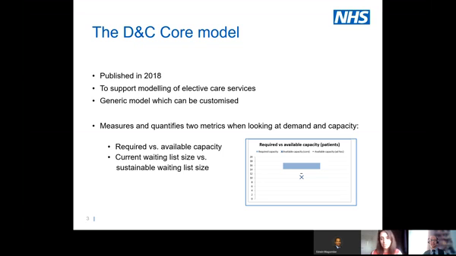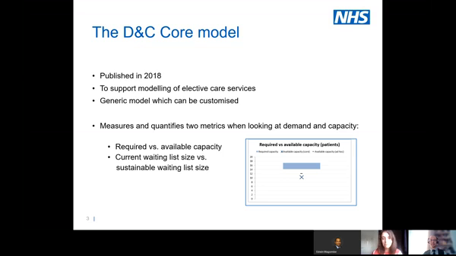So this is the capacity that you would need to meet the demand coming in for your service. The model will tell you your available capacity, your core capacity. So that's the capacity that you have available on a recurring basis. That is the cross in the middle of the screen. And the model will also tell you your capacity, taking into account any ad hoc capacity, so capacity that you have from time to time. And that's the line you see in the middle of the screen.